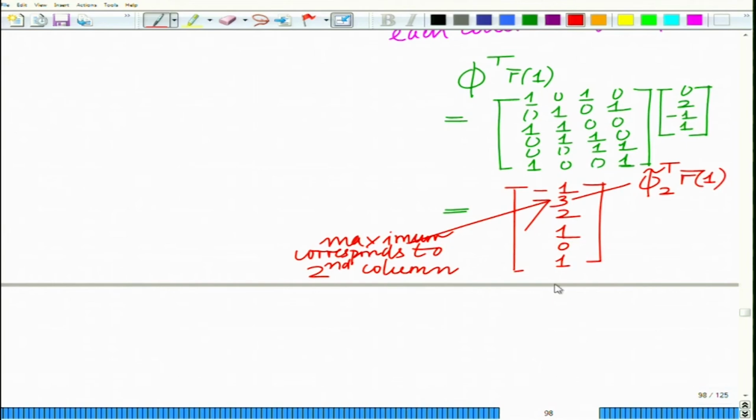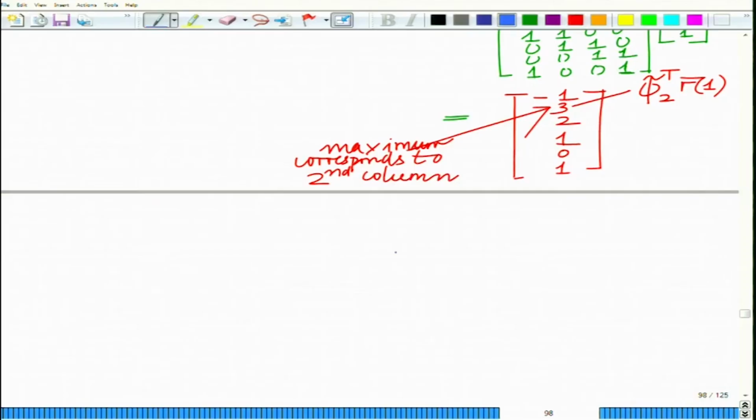So, the maximum entry corresponds to the projection of the residue r bar 1 on the second column, that is phi 2 tilde transpose r bar 1. Therefore, now you choose the second column, you make the augmented matrix. Previously we had phi tilde, now we are writing phi 2 tilde.